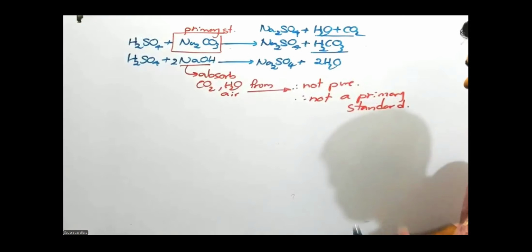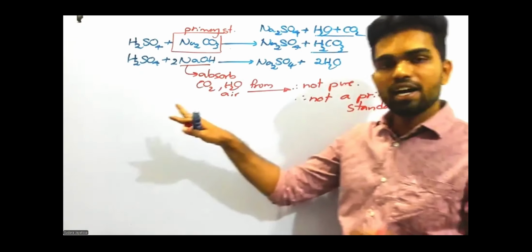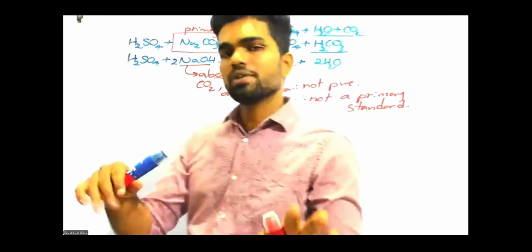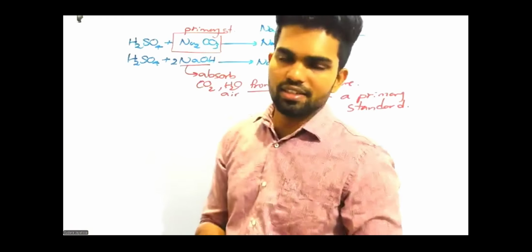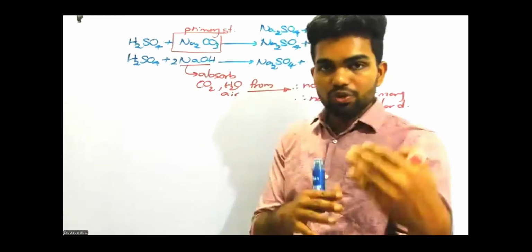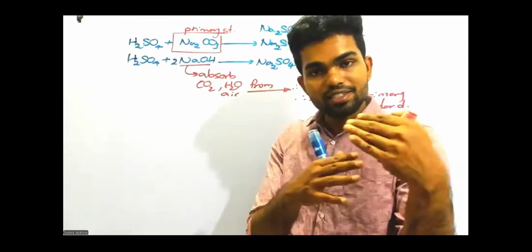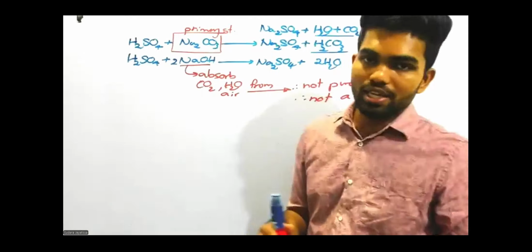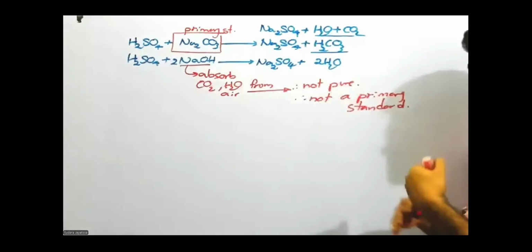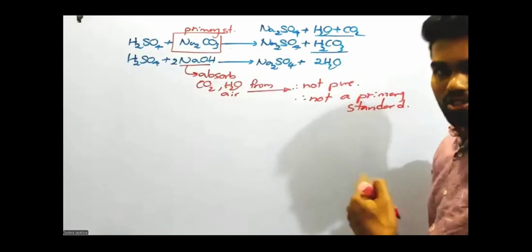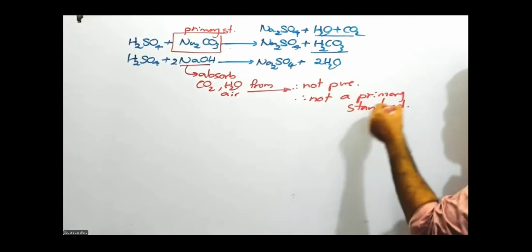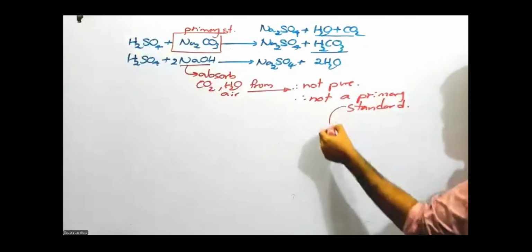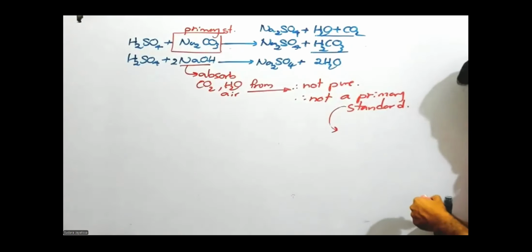That doesn't mean sodium hydroxide can't be used for titrations. Sodium hydroxide can be used for titrations. But first of all, you should find the concentration of that sodium hydroxide solution by doing a titration with a known solution. If it is not a primary standard, this is the step you need to write.